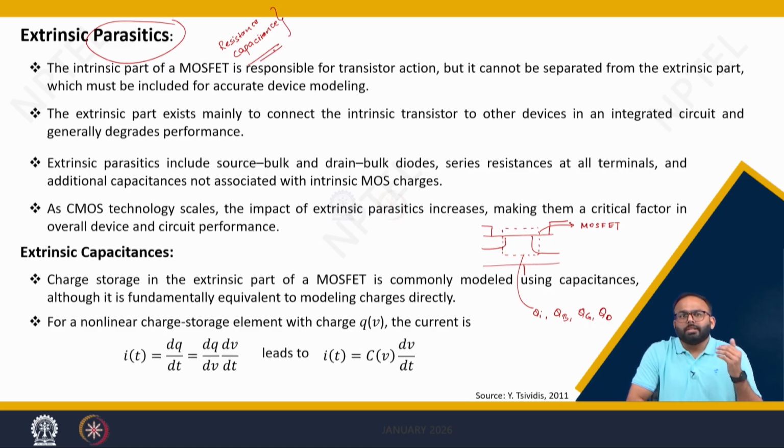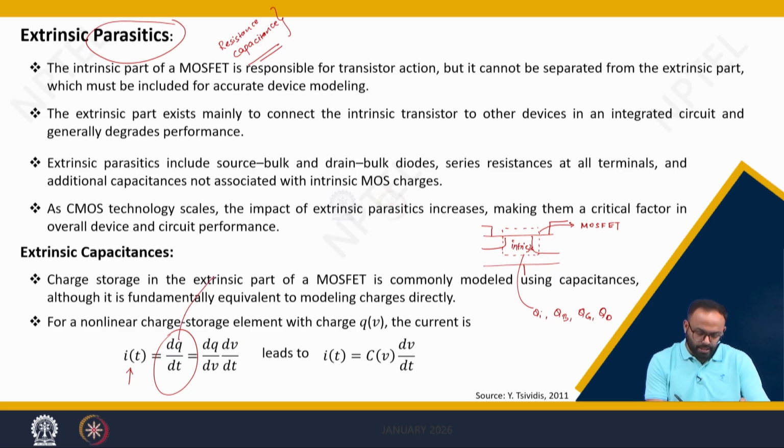Now, what are extrinsic capacitances? You can simply say the charge storing capacity in the extrinsic part of the MOSFET is commonly modeled as capacitances. Like if I write the equation for change in the current because of the intrinsic part of the MOSFET, this can be written as dq by dt, which is nothing but a reflection of change in the charge.